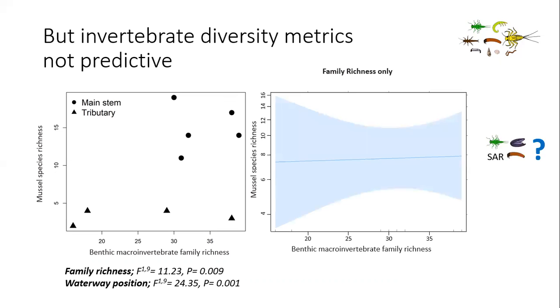And when we looked at the effect of family richness alone using a partial regression plot, we could see that the slope was near zero. This non-meaningful pattern remained for other benthic macroinvertebrate diversity metrics, including the Hilsenhoff biotic index of organic pollution, and both the richness and relative abundance of more sensitive mayfly, stonefly, and caddisfly taxa.